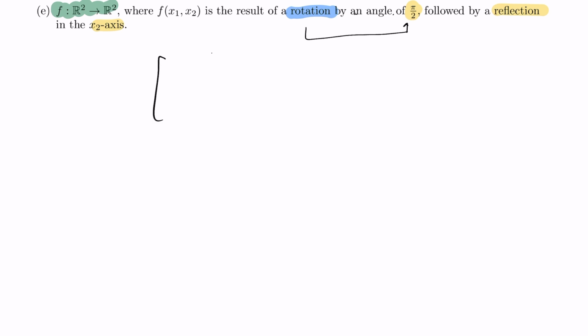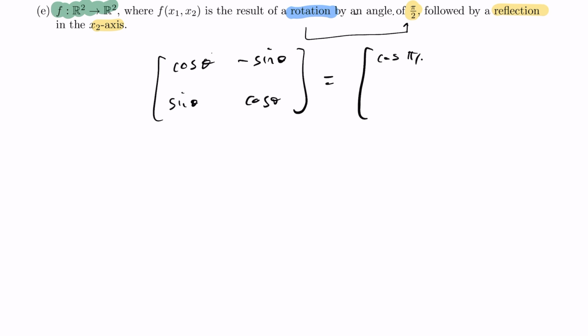Again, like discussed, this is going to be cos theta, sine theta, negative sine theta, cos theta. That's our standard rotation matrix, and we're going to evaluate this at pi over 2. So this is going to be cos of pi over 2, sine of pi over 2, negative sine of pi over 2, and cos of pi over 2.